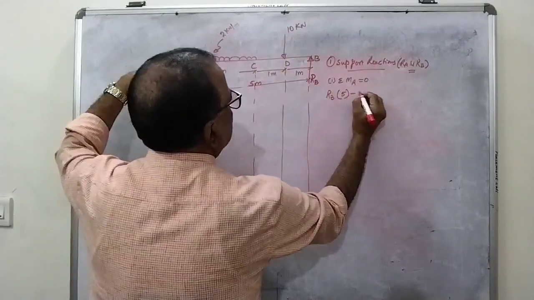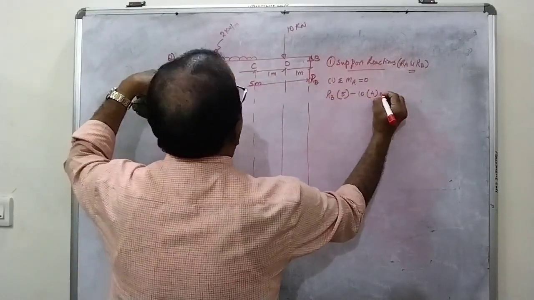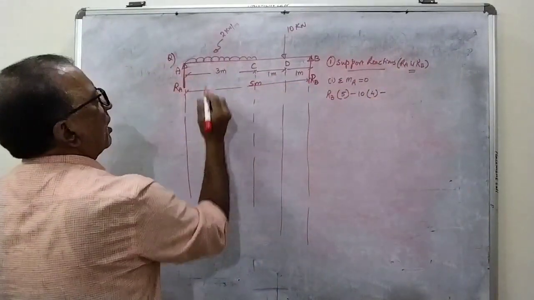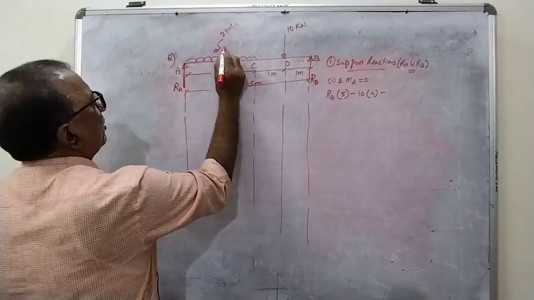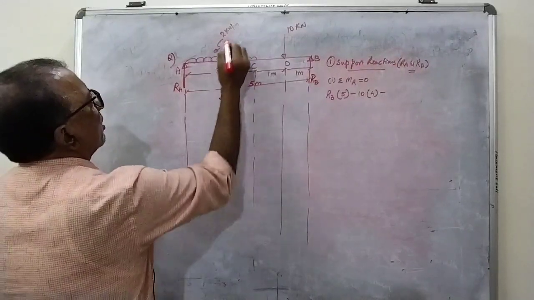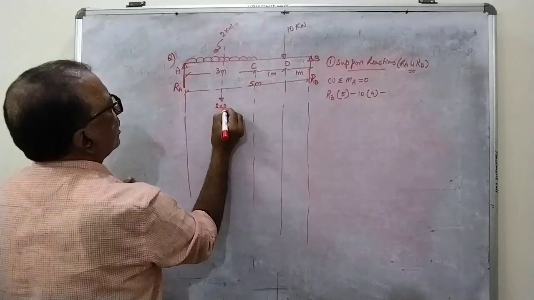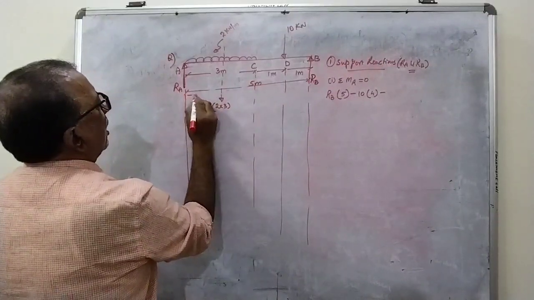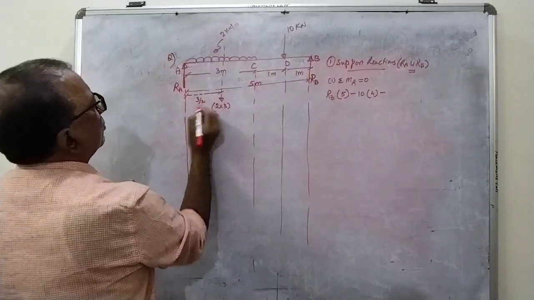Downward load minus 10 into 1 plus 3, 4, minus, I already told you the UDL is acting for a length of 3 meters. You draw the equivalent UDL: for 1 meter it is 2, for 3 meters it will be 2 into 3. And what is the distance from the left support? 3 by 2.